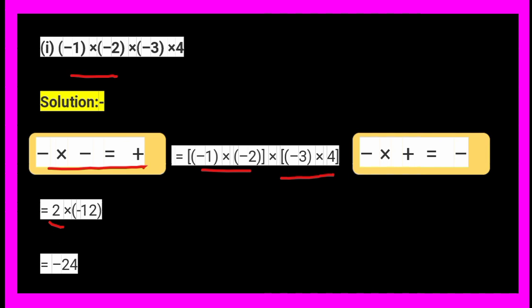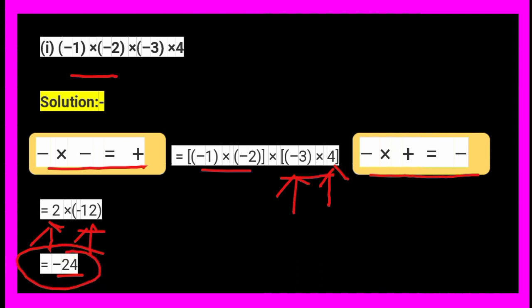Minus 3 multiplied by 4. Now see, one number is negative and another is positive. So minus plus is equal to minus. That means 3 4s are 12, but it is negative. Now we multiply 12 and 2. 12 2s are 24. Again we have one positive and one negative integer. So plus minus minus. So answer is minus 24.